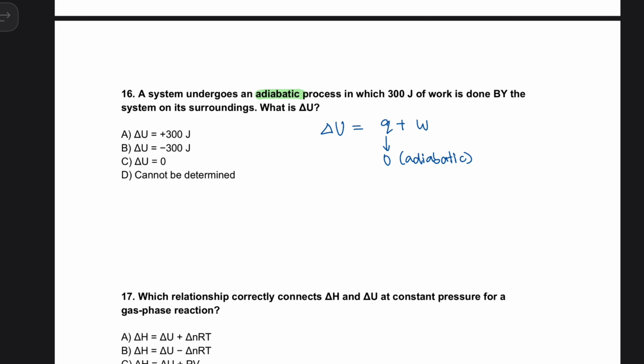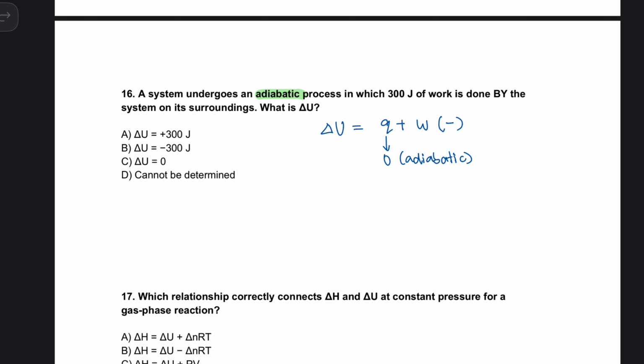This was very helpful for us because if we know that Q is 0, we can just focus on work. And it says that work is done by the system on its surroundings, which means that work is leaving the system and work is negative.